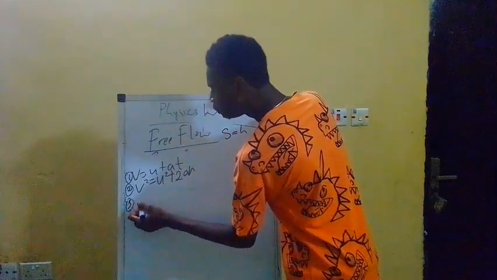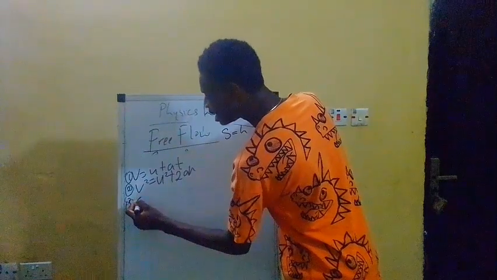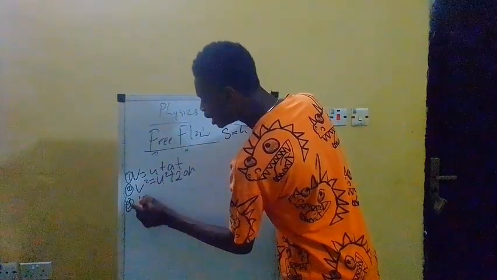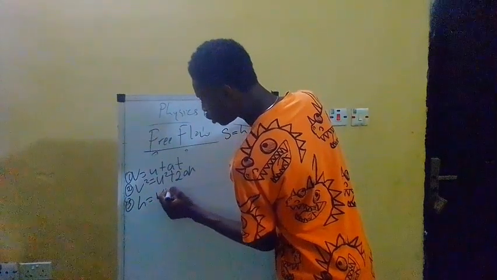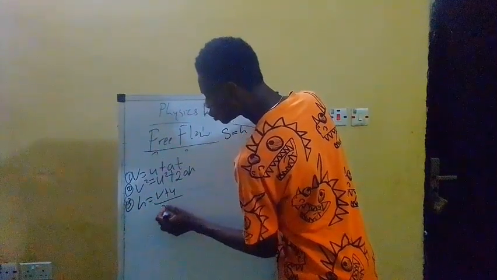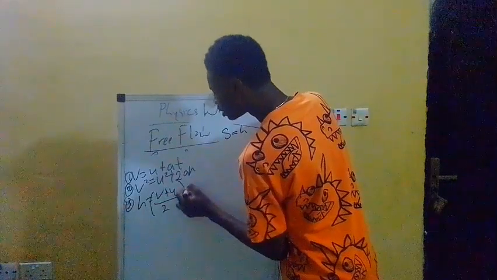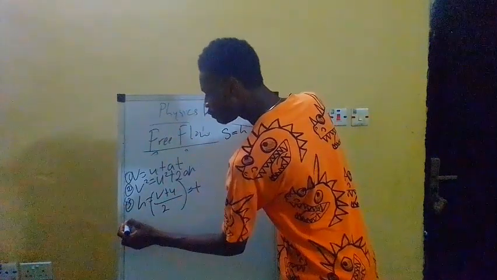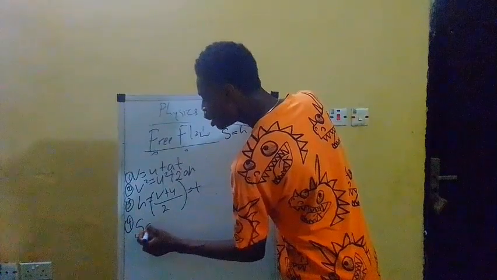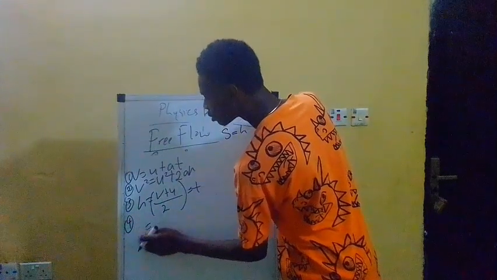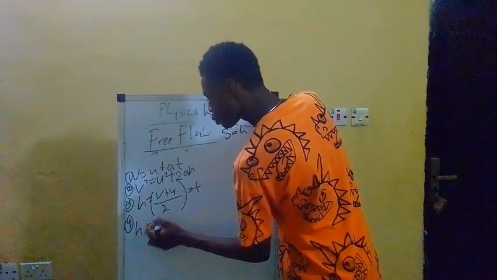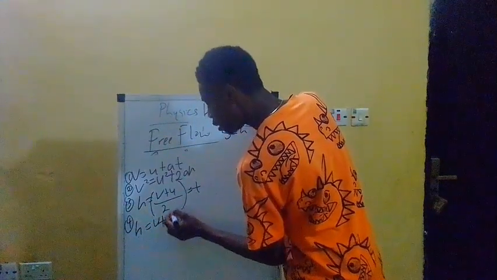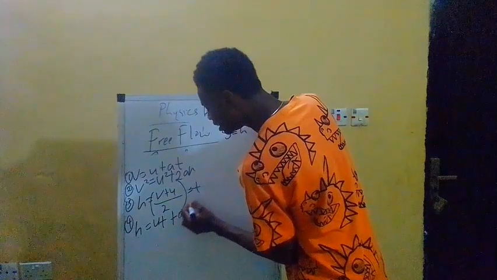Another one is, instead of S, you put H: H equals V plus U over 2, bracket T. Then the fourth one is H equals UT plus half AT squared.